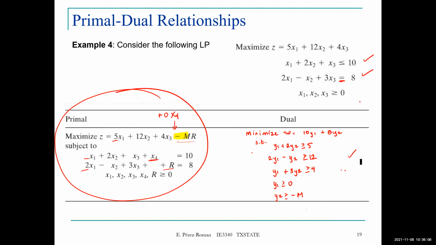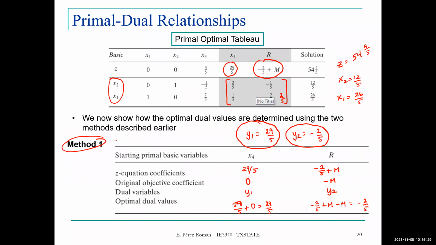So go back here. This is what I'm referring to. I'm using the original coefficients of the objective function, but they have to appear in that row vector in the same order as you are presenting them in the basic solution for the optimal Tableau. So if we go here, the order is x2 followed by x1.